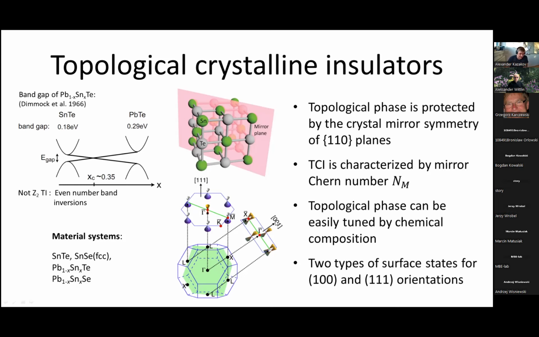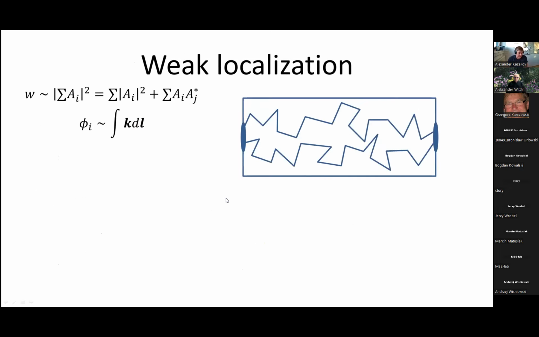So they have slightly different properties. What I will mainly talk about are 111 surfaces. So if I do not emphasize otherwise, just keep in mind that I'm talking about the 111 surface, where it has Dirac cones at the gamma-bar and M-bar points.